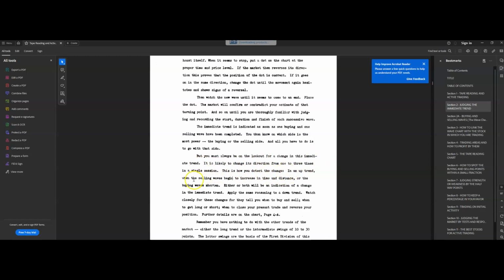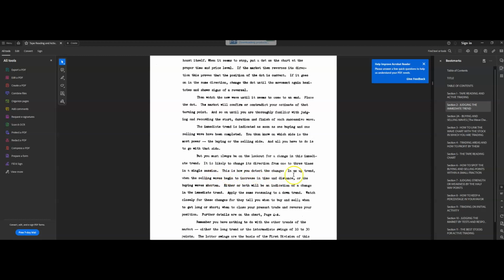In an uptrend, when the selling waves begin to increase in time and distance, which today would be like time and price, or it could also be volume and price. Time and volume are extremely highly correlated, so you can also use this as volume, and distance just means a big wave, the size of the buying wave or the selling wave.